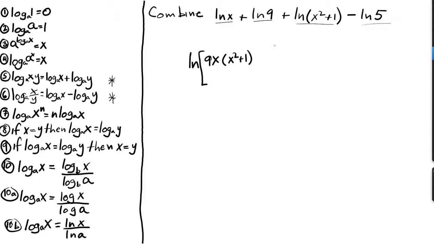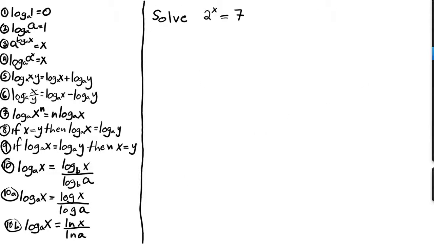And then I'm subtracting this one, so that is division. All right, so that is a combination of 5 to get me the numerator and 6 to get me the denominator.